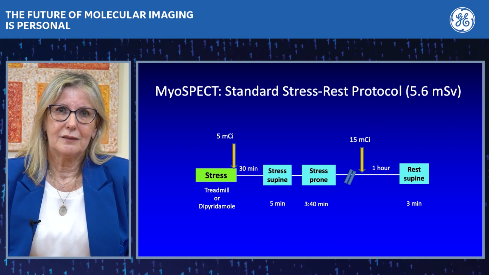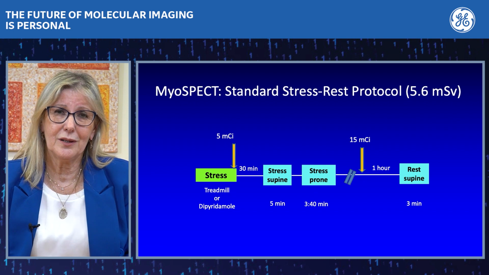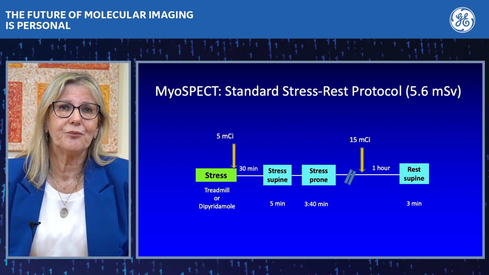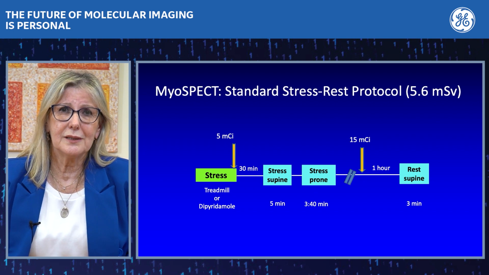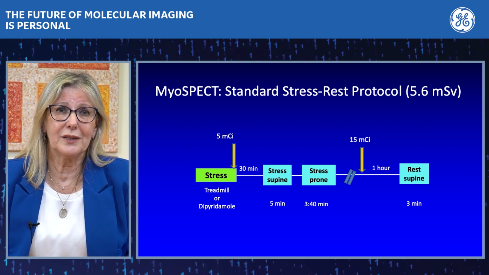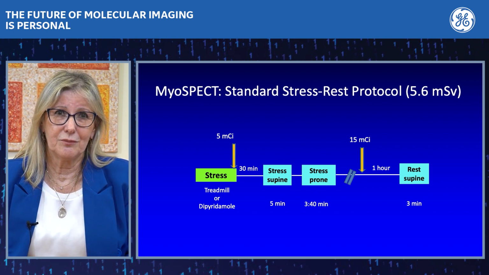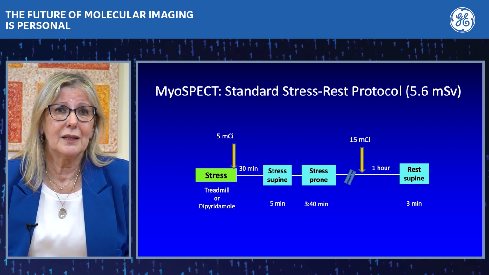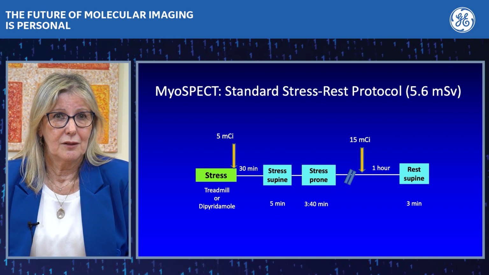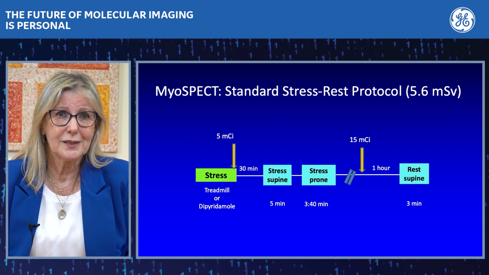So this is our standard protocol with a CZT camera in non-obese patients. We start with a stress. It's a stress first protocol with injection of a half dose, 5 millicurie at peak stress, either a treadmill exercise or vasodilator dipyridamole stress.